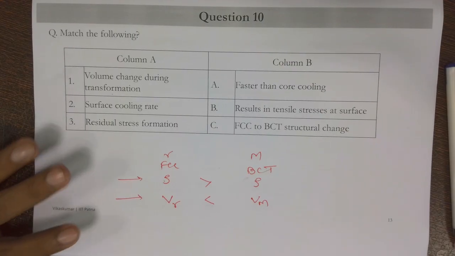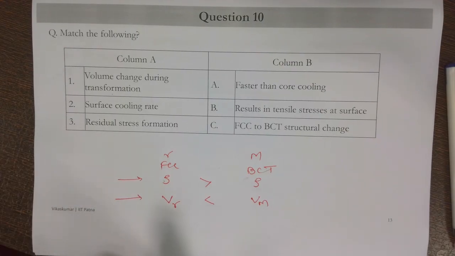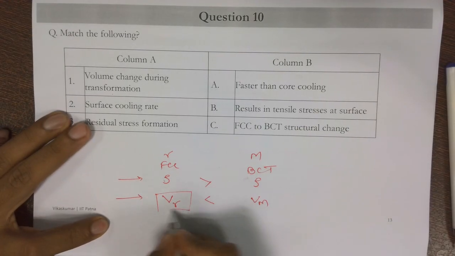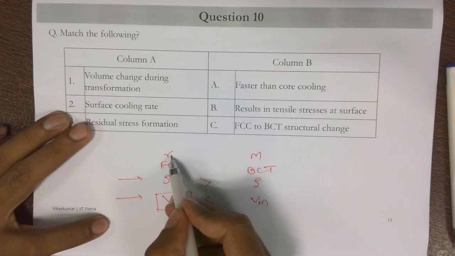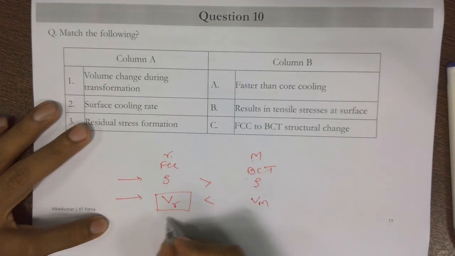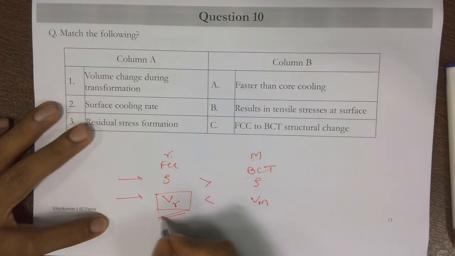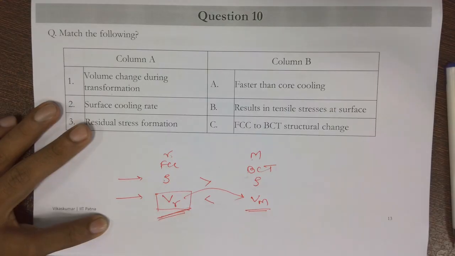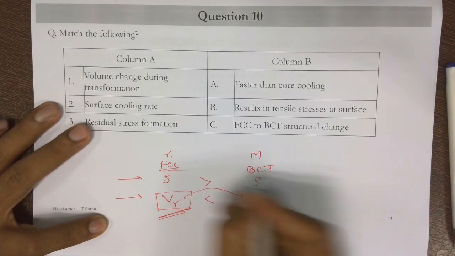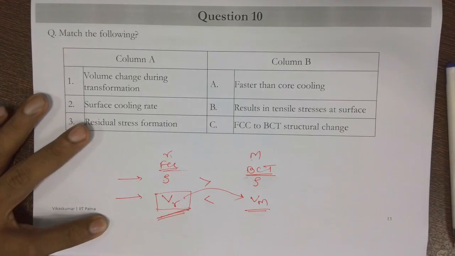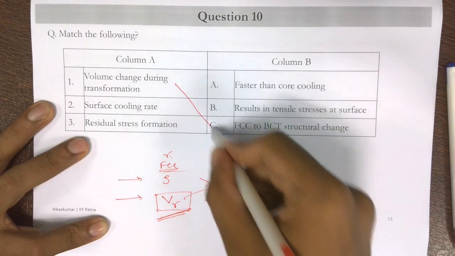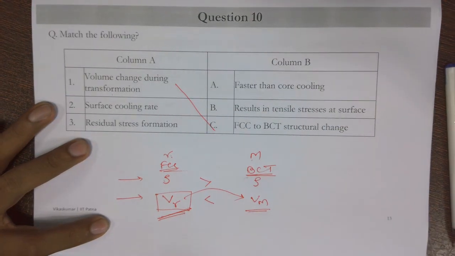So when we are going from austenite to martensite, we are going from low volume to high volume. The transformation from FCC to BCT, the volume is increasing. So here the volume change during the transformation is FCC to BCC, right?